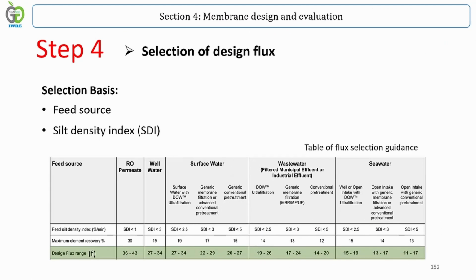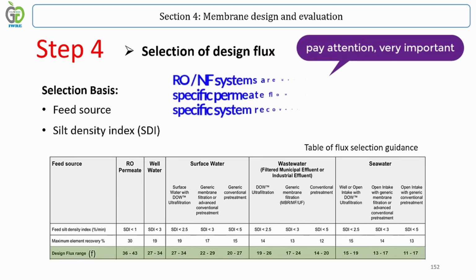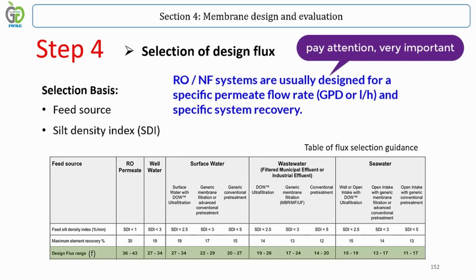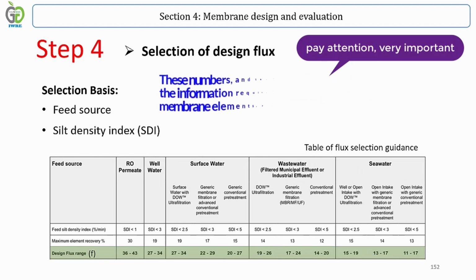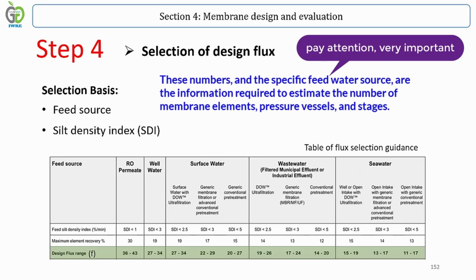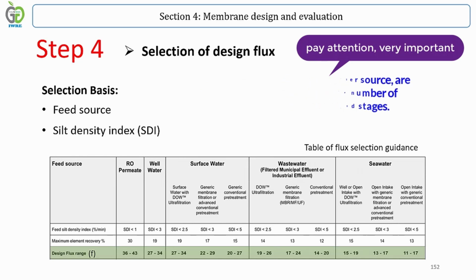Step 4. Selection of design flux. Reverse osmosis and nanofiltration systems are usually designed for a specific permeate flow rate and a specific system recovery. These numbers and the specific feed water source are the information required to estimate the number of membrane elements, pressure vessels, and stages.